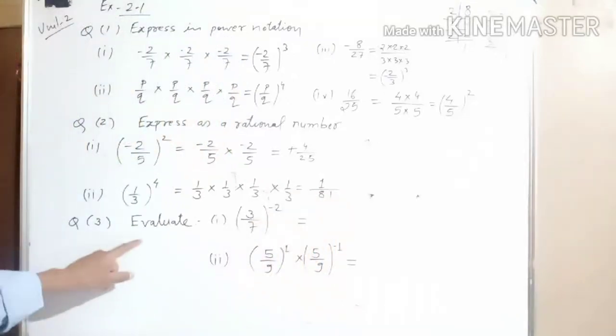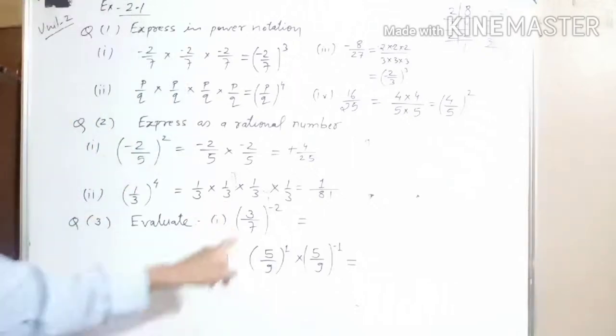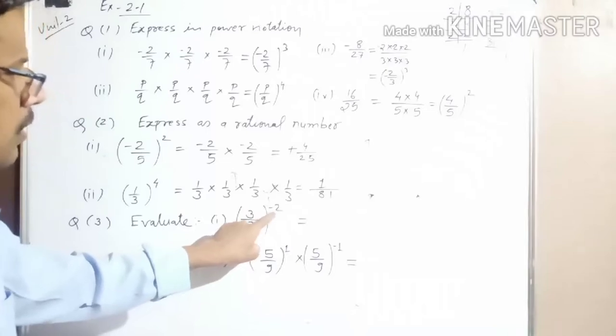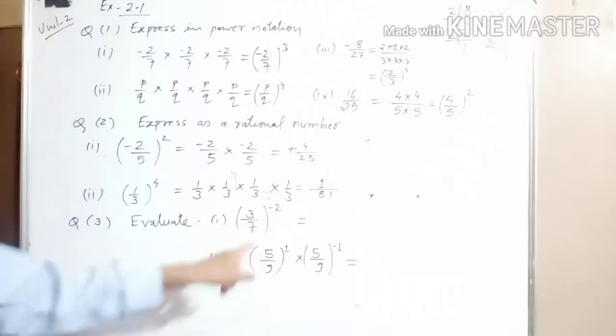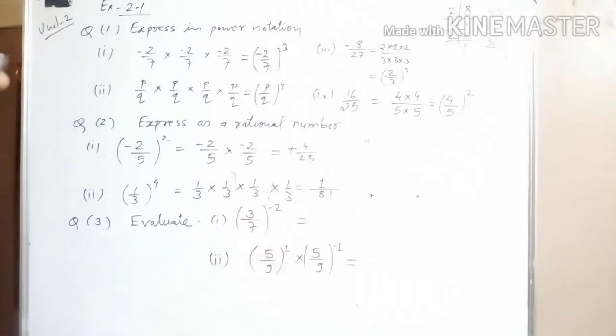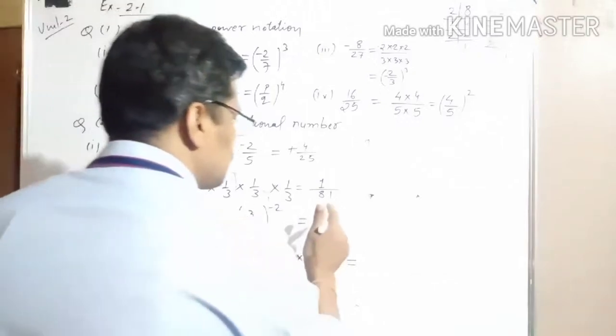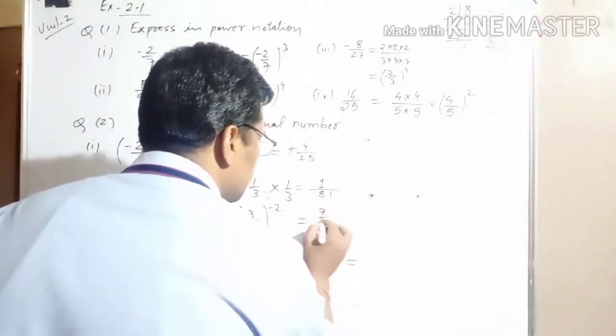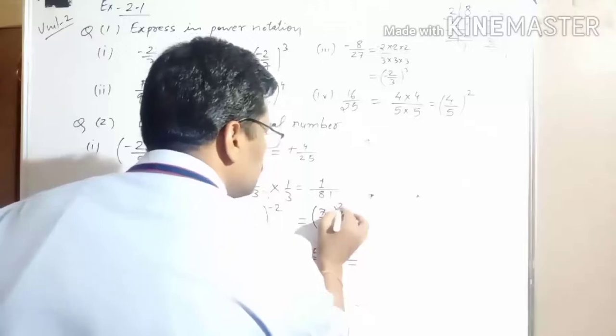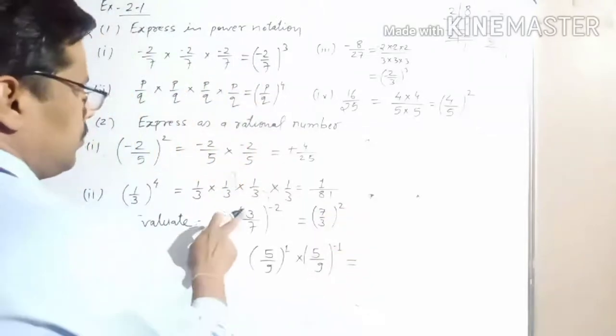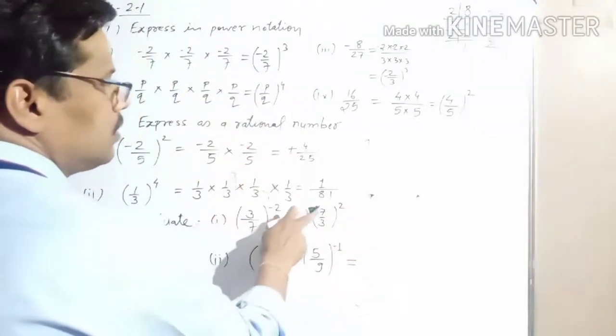Now question number third, evaluate. Evaluate means we have to find out the value of this. Now here, I want to make it clear that the power is negative. Power is negative, so first we have to make its power positive. With the help of the law of exponents, we can write here 3 upon 7 as 7 upon 3 power 2. Negative power becomes positive if we write the reciprocal of 3 upon 7, which becomes 7 upon 3.